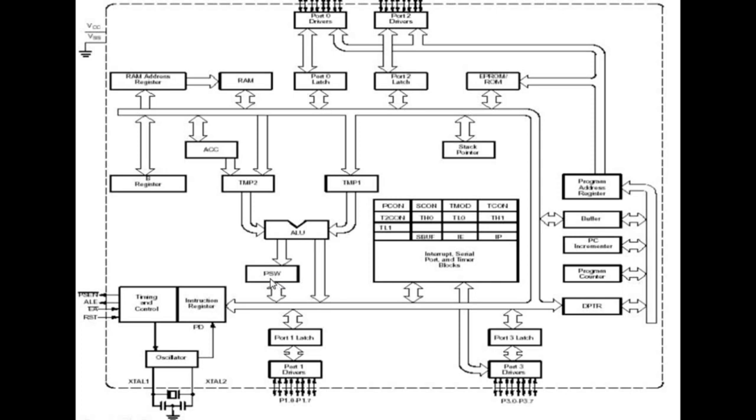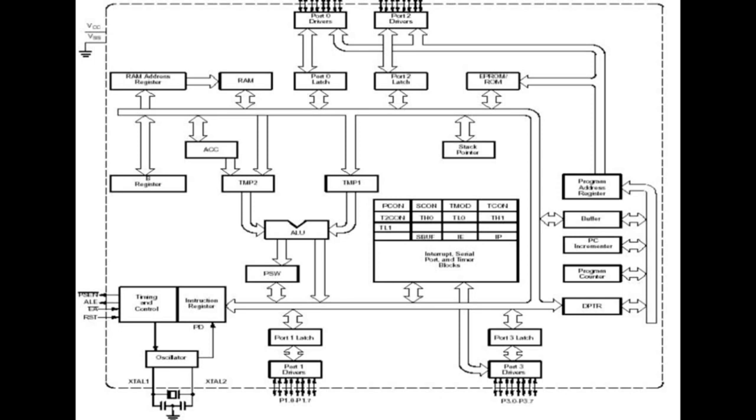So coming to the program status word, the name itself says the status word. That means how the program is working, or what the status of the microcontroller is right now. It is like a status flag.